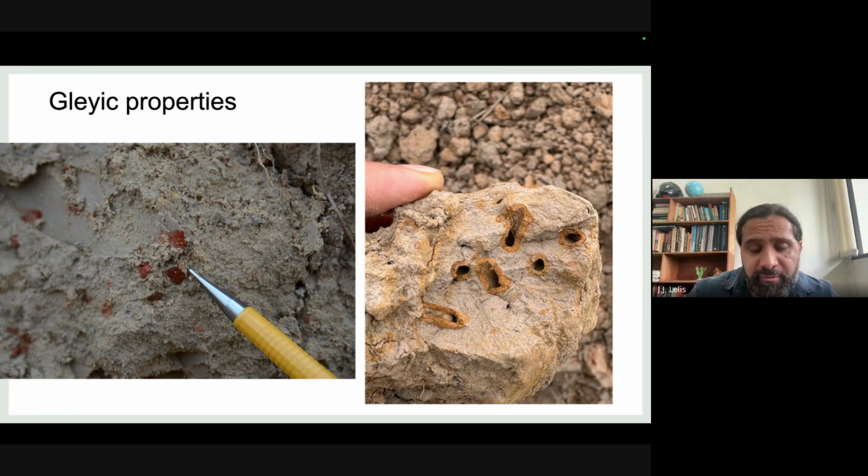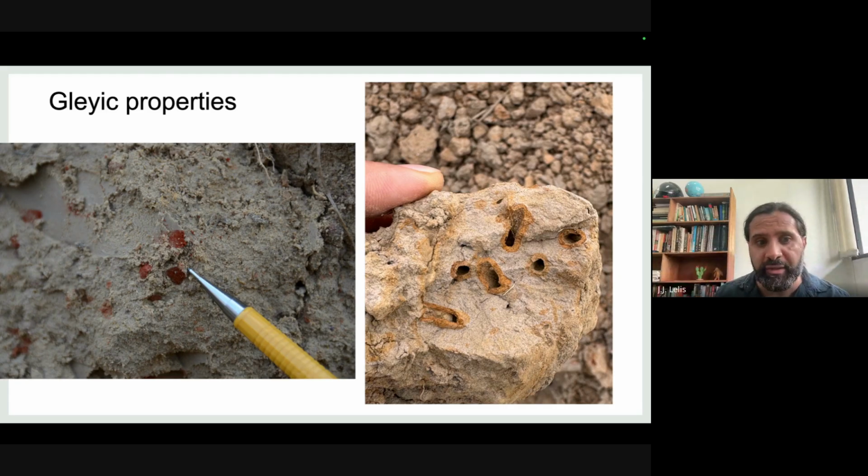So let's think about a lowland, and on this lowland we have a river, and this river changes its volume and the water table level according to the season. So in the dry season, the water table level could be very, very low, but in the wet season, because of the rain, the water table level increases and goes upper, close to the surface.